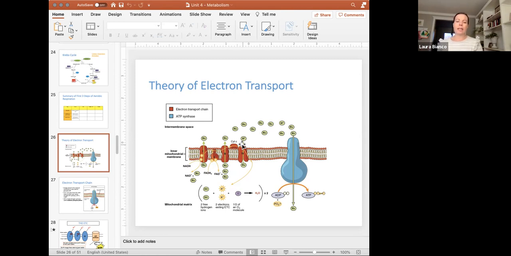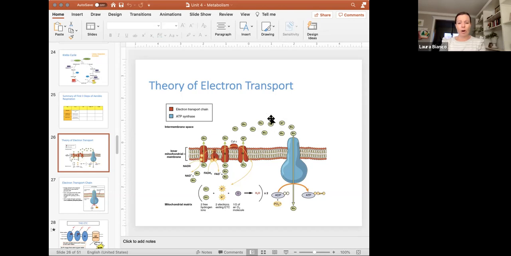And that energy is used to pump the hydrogen ions from within the matrix out to this intermembrane space. This is the space in between the inner and the outer mitochondrial membranes.